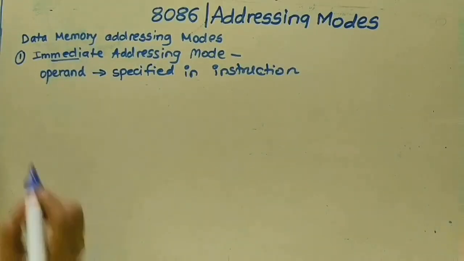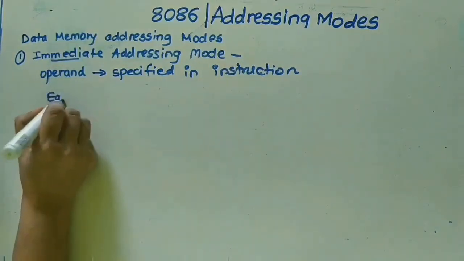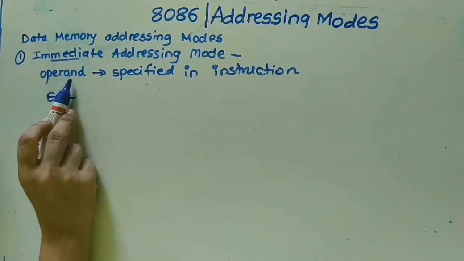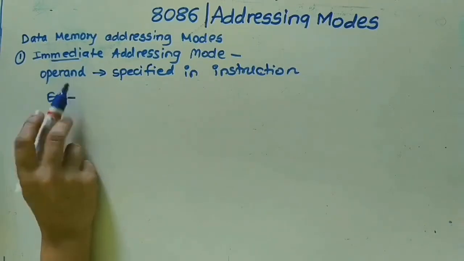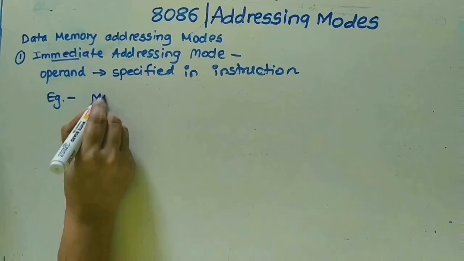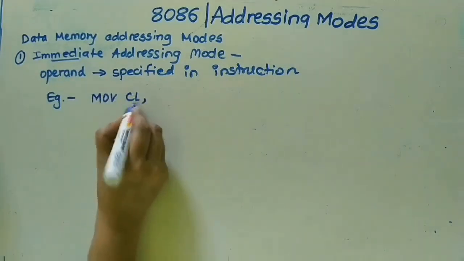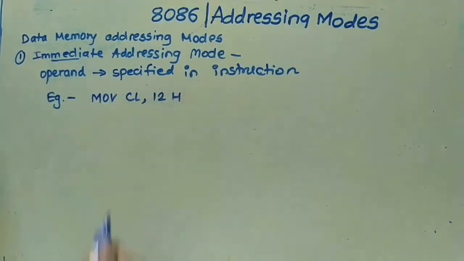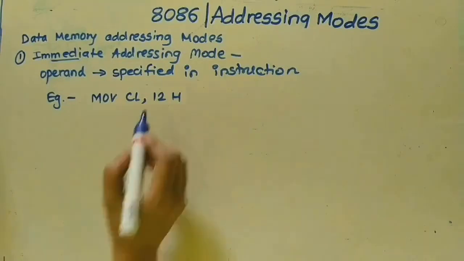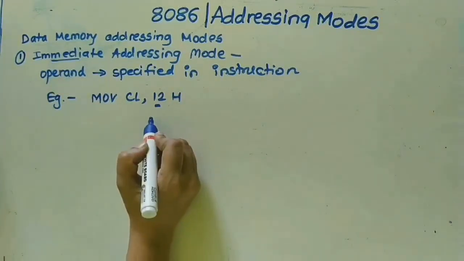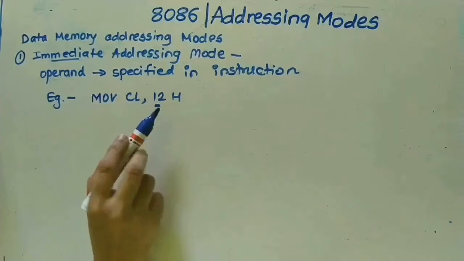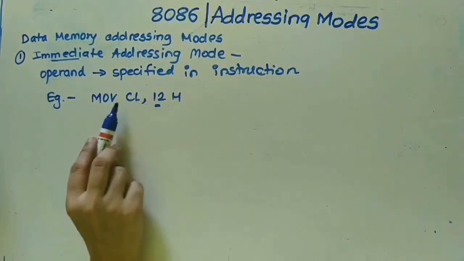So we can see the example. The operand specified may be 8-bit or 16-bit. Let's consider the example MOV CL, 12H. Here 12H is the operand which is directly specified within the instruction.